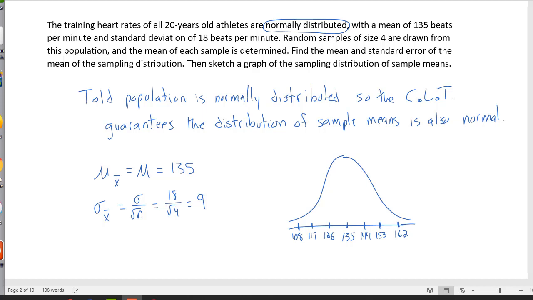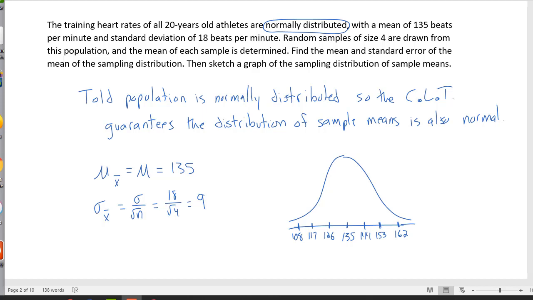Now, to be honest with you, what's kind of unrealistic here is knowing the population is normal. That's typically not the case. So what we're going to do in the next videos is we're typically not going to know that information unless we have some prior knowledge of data sets of this manner.